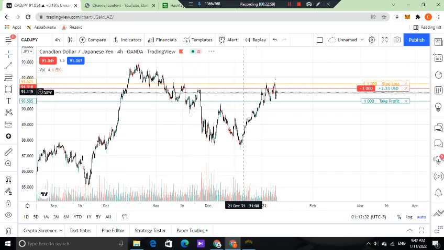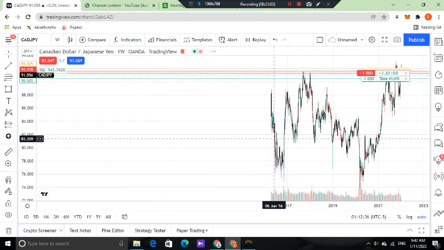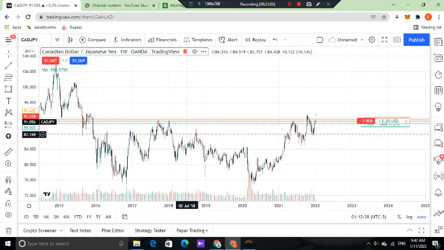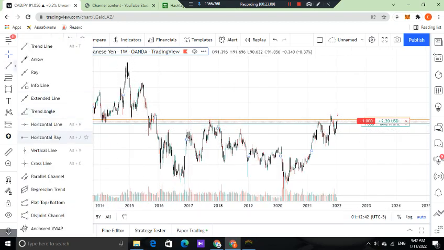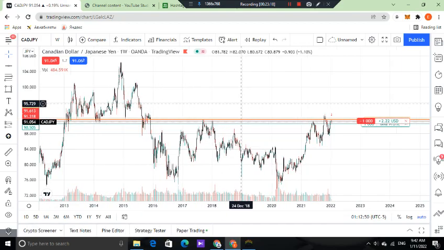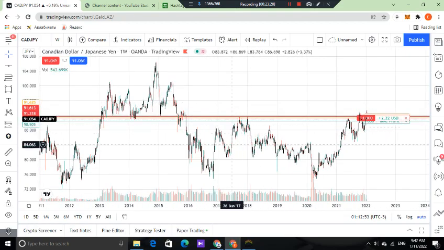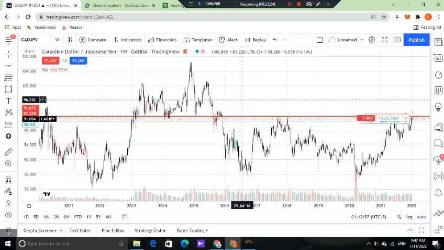CAD JPY. Okay, let's start with the weekly time frame. You can see easily, you don't need me to tell you, that we have an important and good level here.